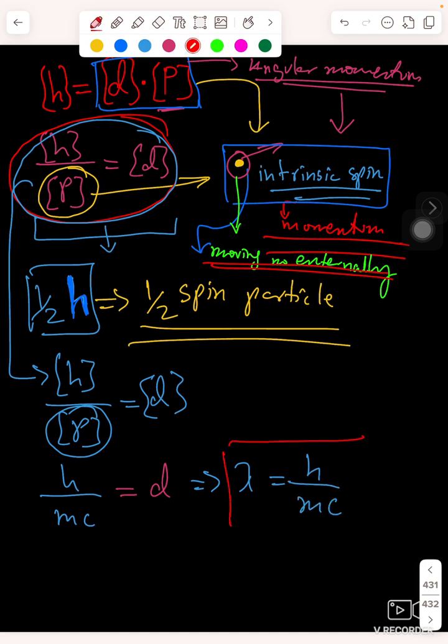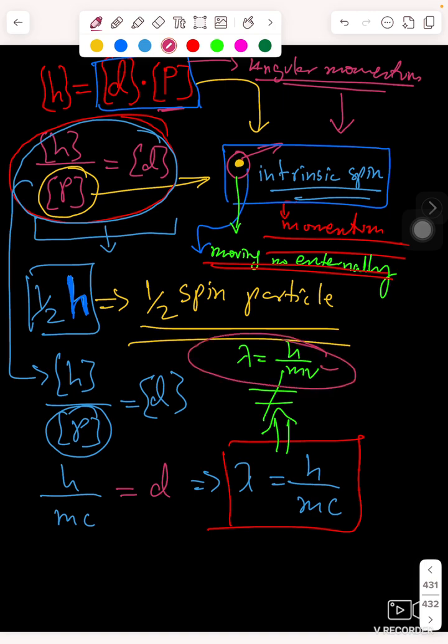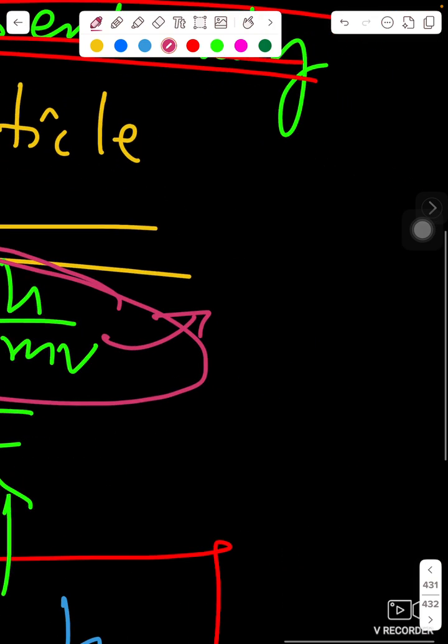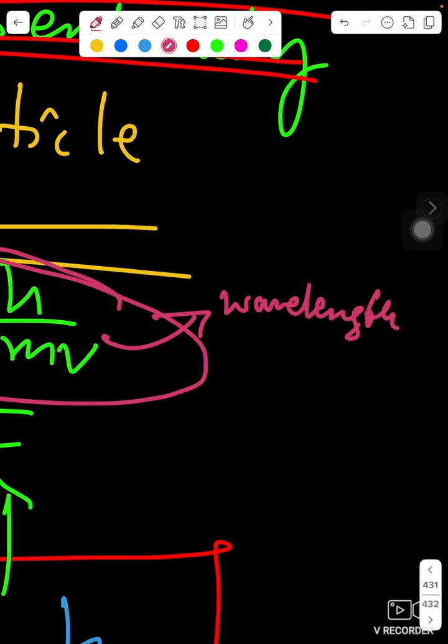Now please note that this equation is totally separate from lambda is equal to h over mv, because in that equation the wavelength depends on momentum.